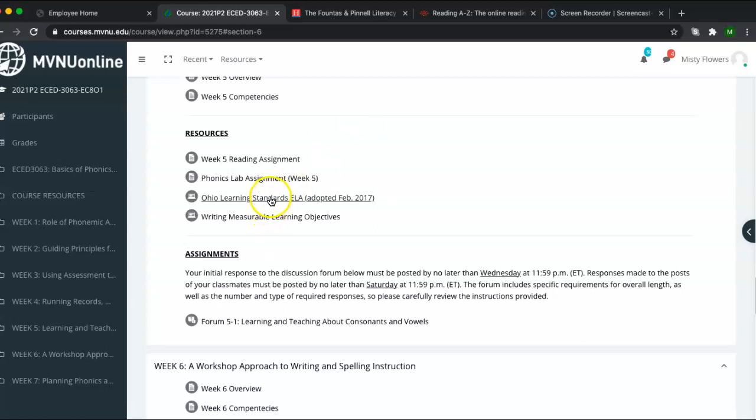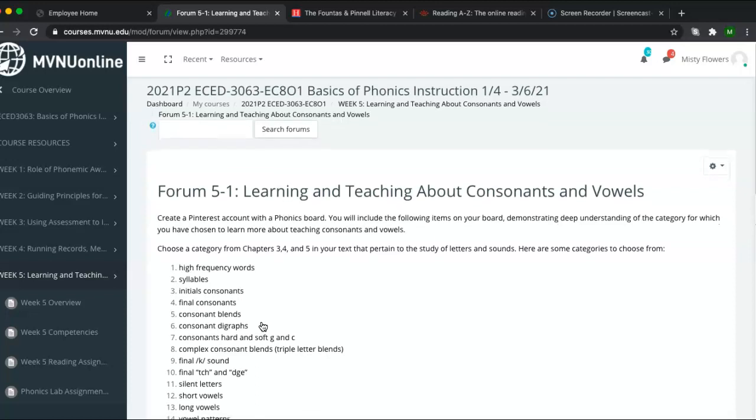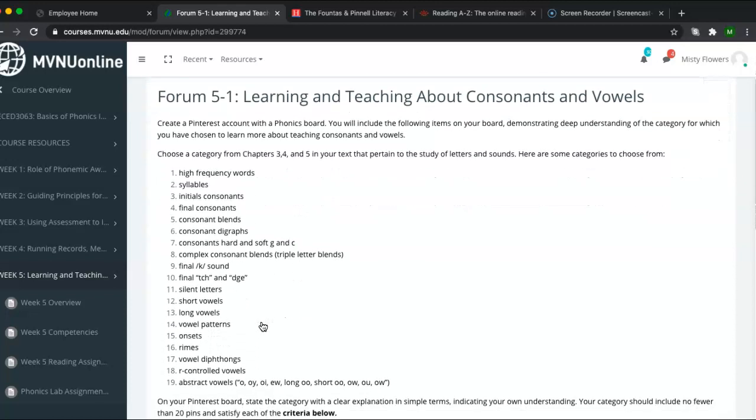I'm going to come back to the Ohio Learning Standards for English Language Arts and Writing Measurable Learning Objectives. Forum 5.1 is you're going to create a Pinterest account or use the one that you already have.